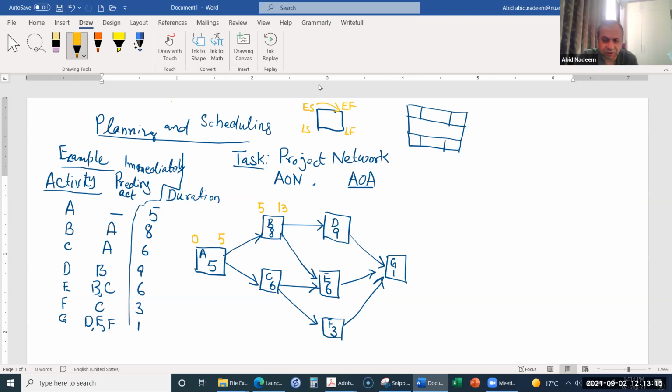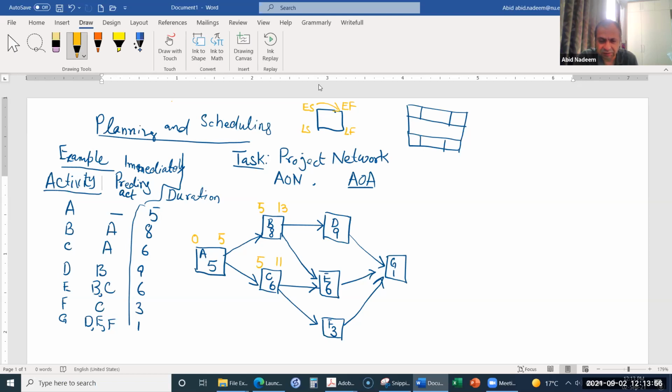Yeah, this is the problem because I'm using Microsoft Word, so only when I write something can you see it. Right now my cursor is on activity C, and I wanted this value, 5. So 5 plus 6 will be 11. I think there should be some option so that my cursor also shows over here. Anyway.